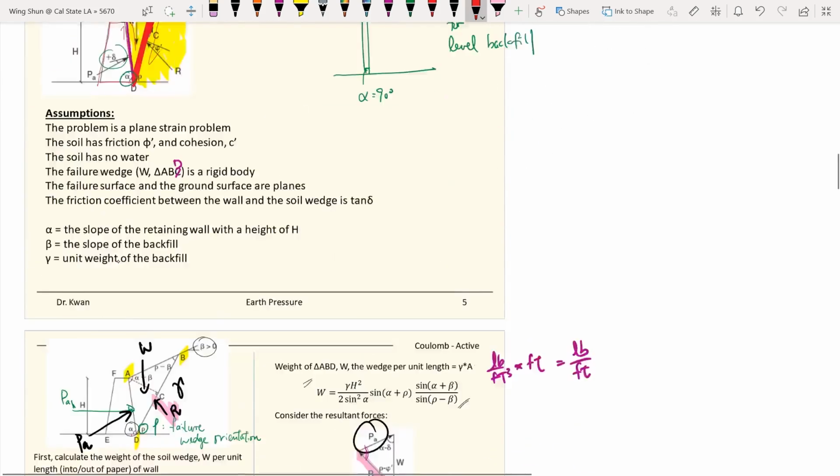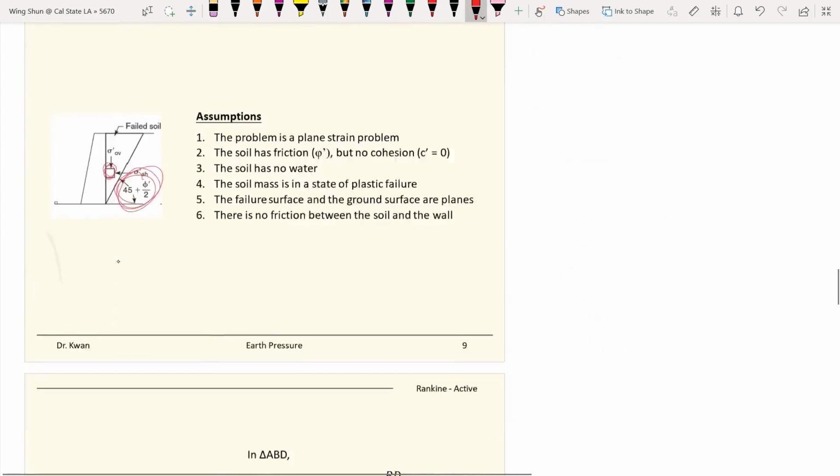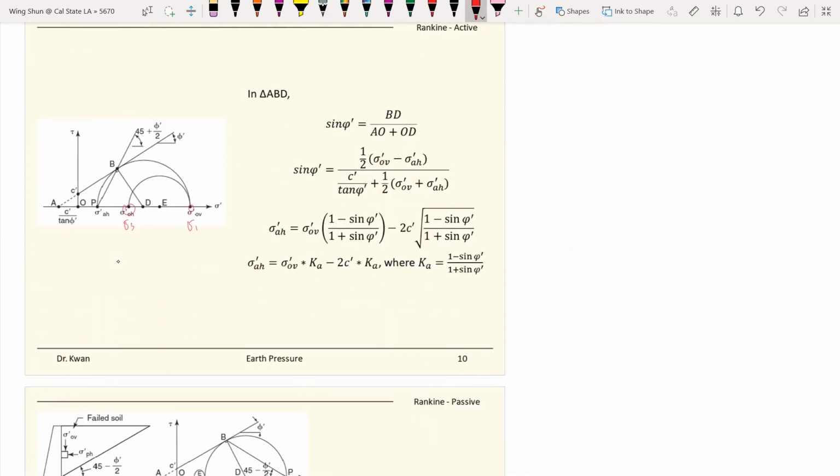So that's why when we draw more circles, we know sigma 3 will be a portion of sigma 1. So you will get sigma 3 always on the left hand side of sigma 1 on a Mohr circle space, and then you draw the half circles that represent your at rest Mohr circles.